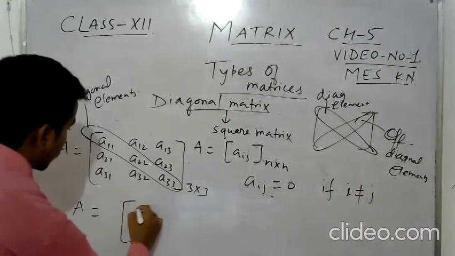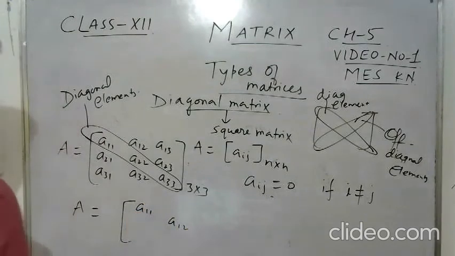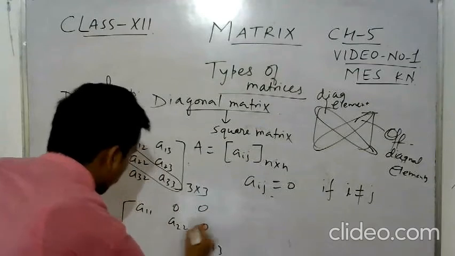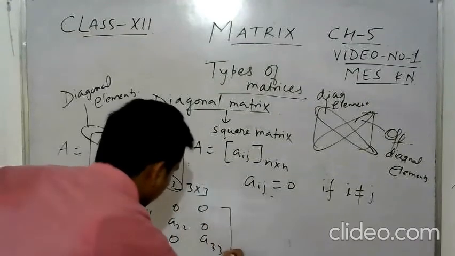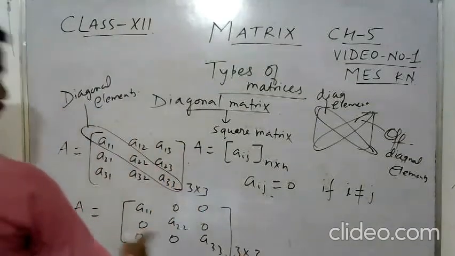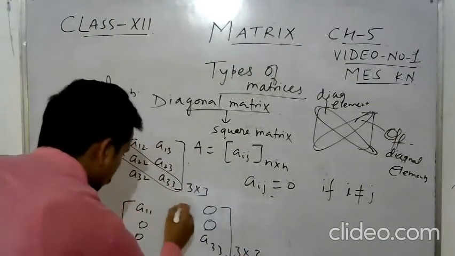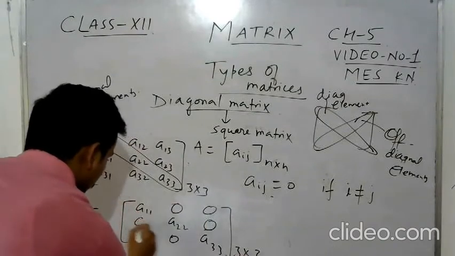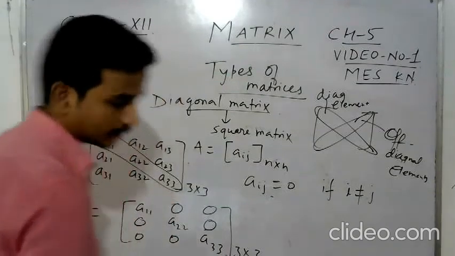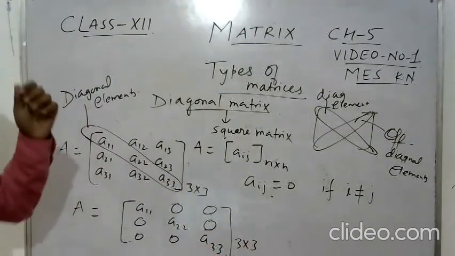And here if I make all the remaining elements 0, then this matrix will become a diagonal matrix.